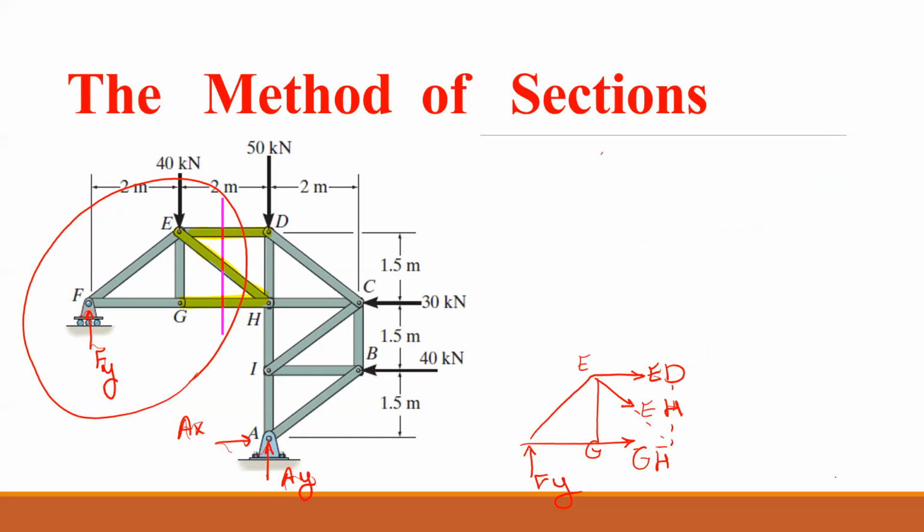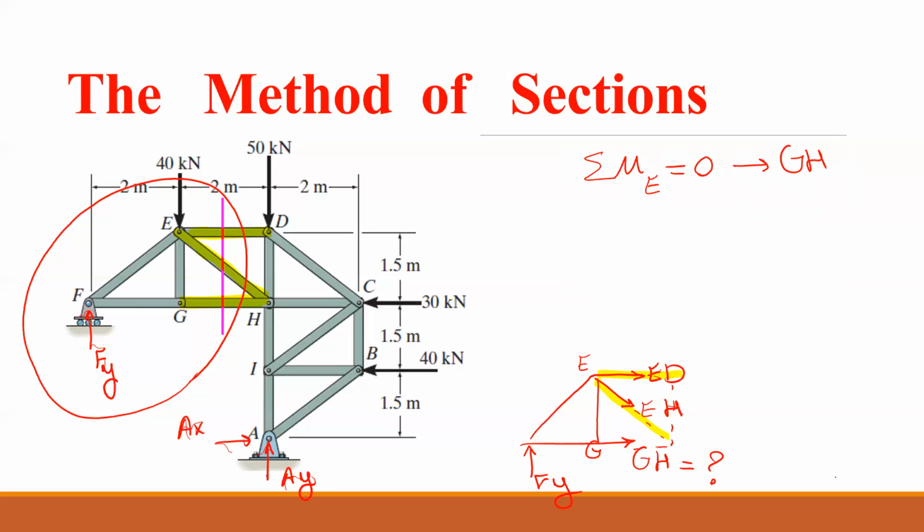If I sum the moments about E, if you look at these forces here, both of them pass through E. So from here, I can find GH. So if I take the moment about E equal to 0, I can find GH.